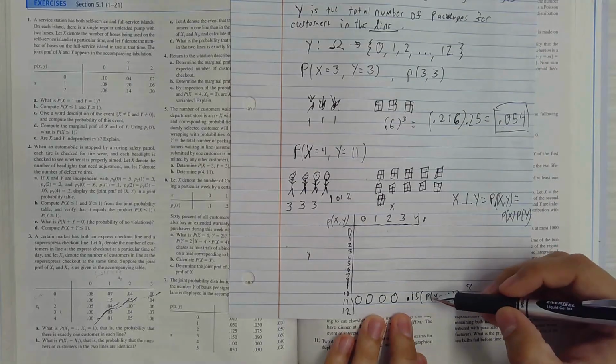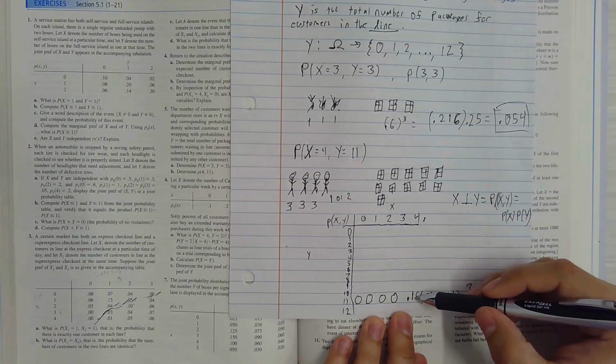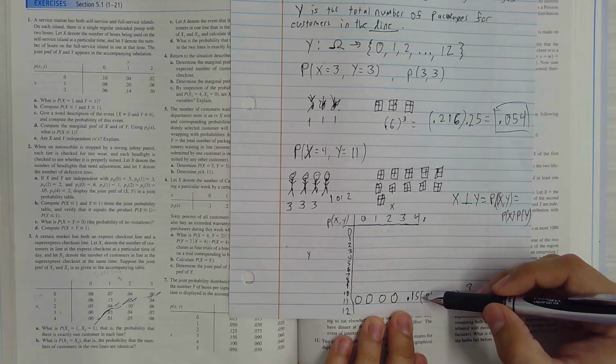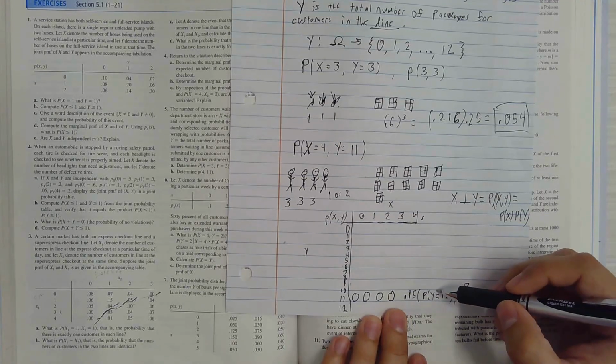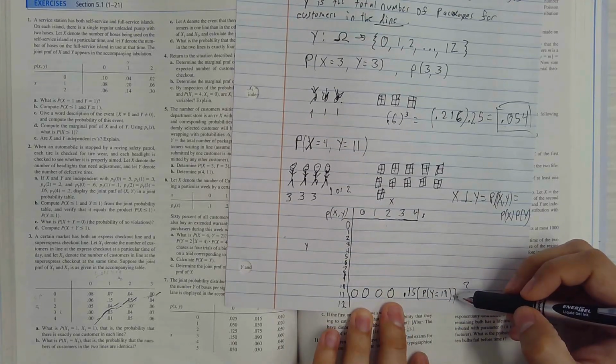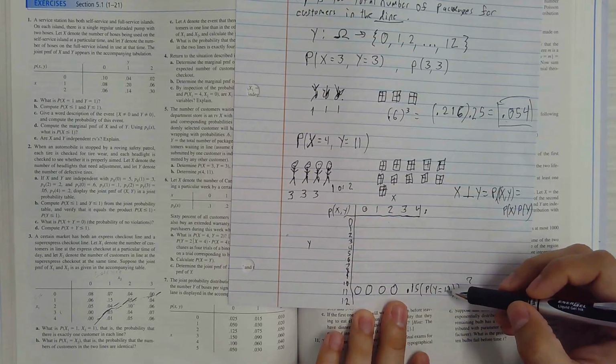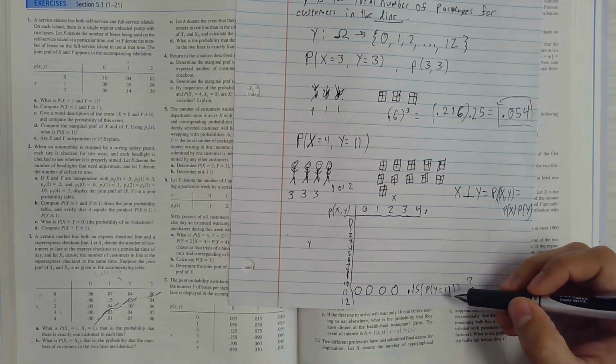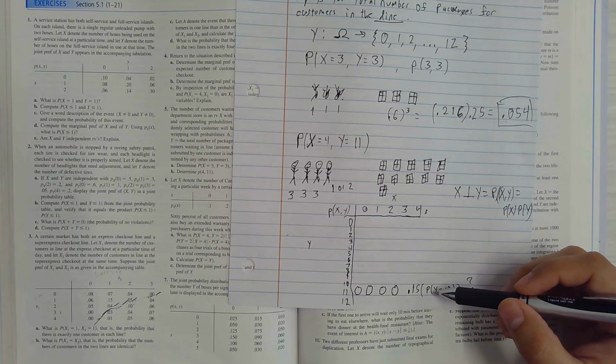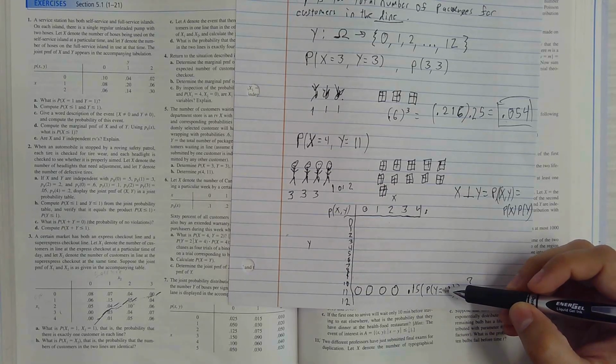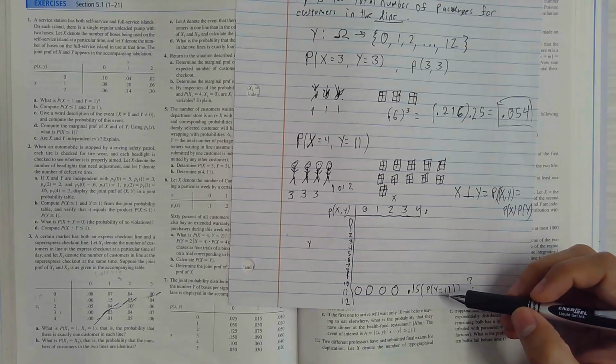And therefore, the probability that Y equals 11 is simply the marginal probability of Y equals 11.